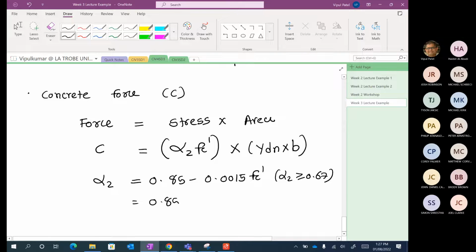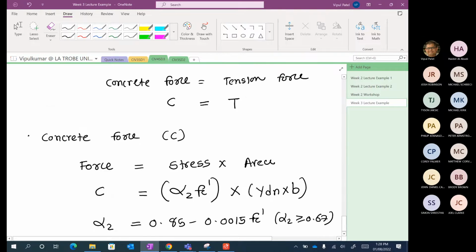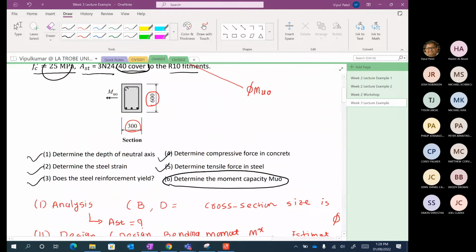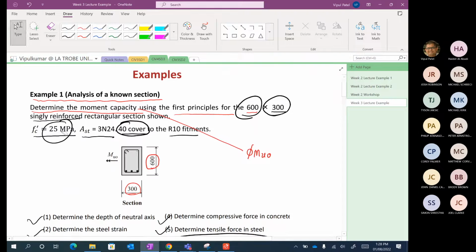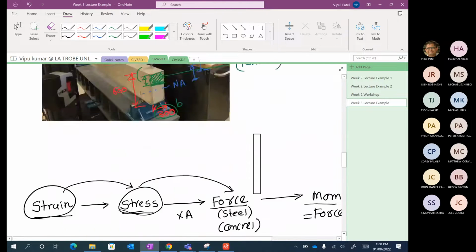Here, in our example, f'c is equal to 25.